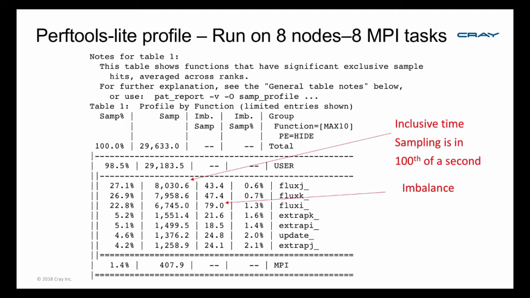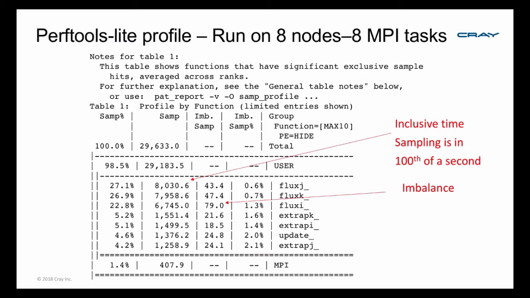Now, this is one of the 9 tables that comes out when you run Perftools-lite. And what we have here is Perftools-lite does sampling every 100th of a second. And so the first column, you have the percent of time used by the subroutine.